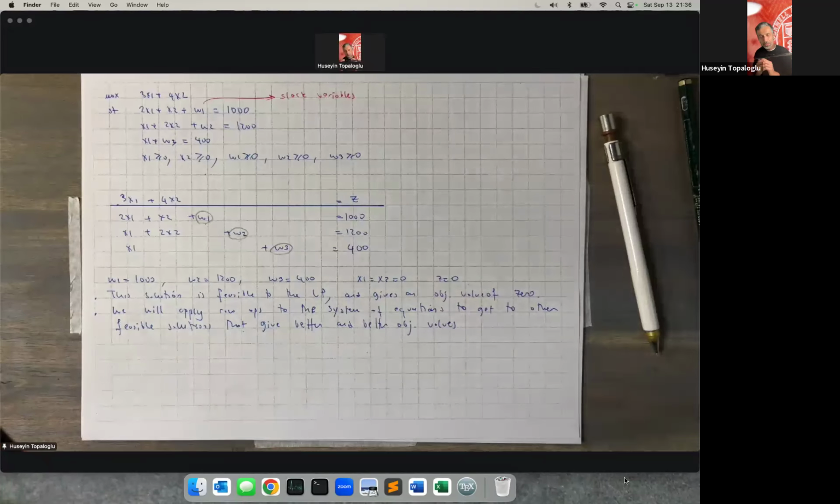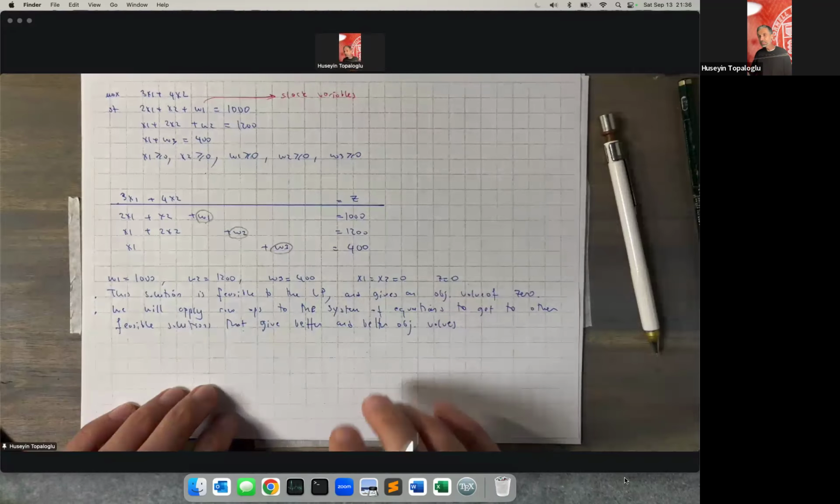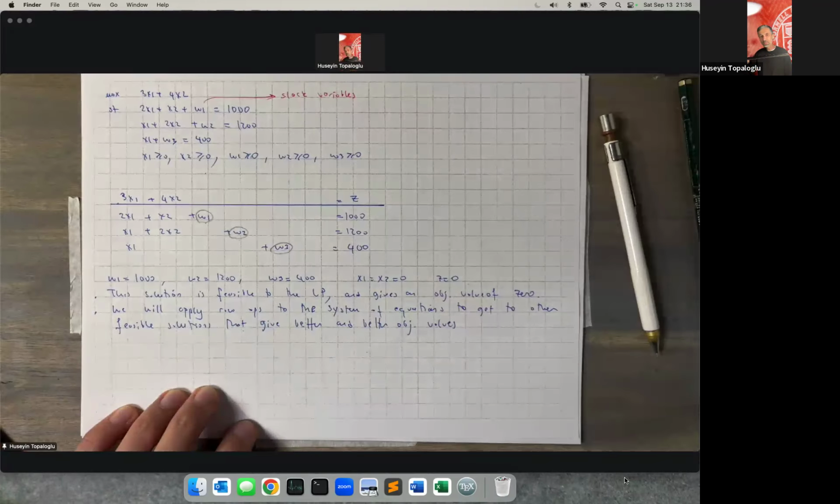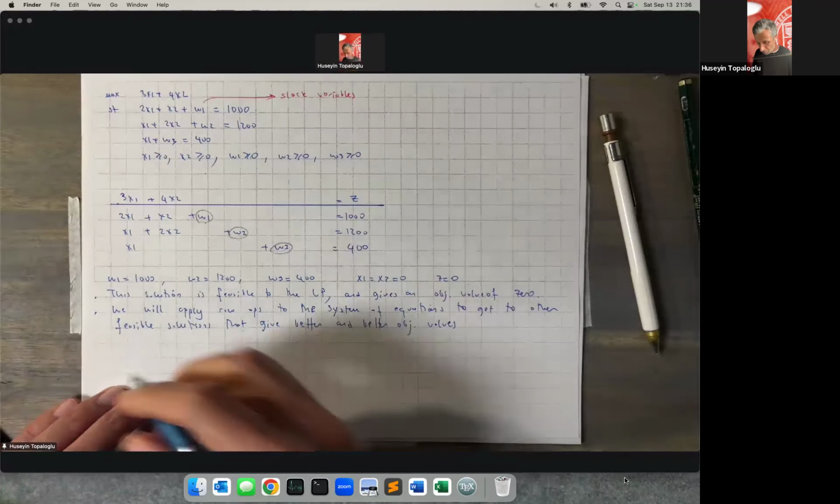But as we apply row operations to the system of linear equations, we will always maintain the structure that there will always be three decision variables such that each one of them appears in a different constraint row with a coefficient of 1 and nowhere else. We're always going to maintain that structure so that it'll always be very easy to read a solution to the system of linear equations that we face.